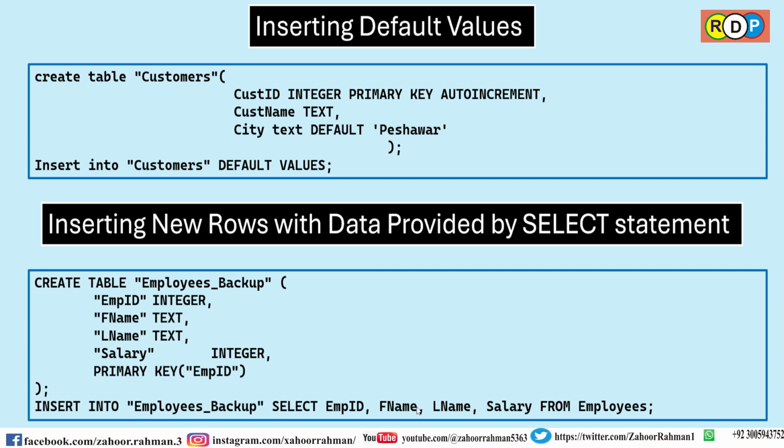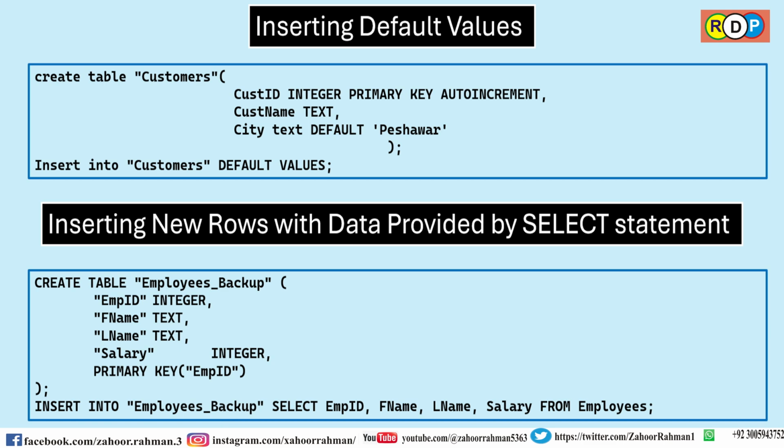Select employee ID, first name, last name, salary from employees. So all the records of the employees table will be selected, and that will be inserted into the employees backup table.